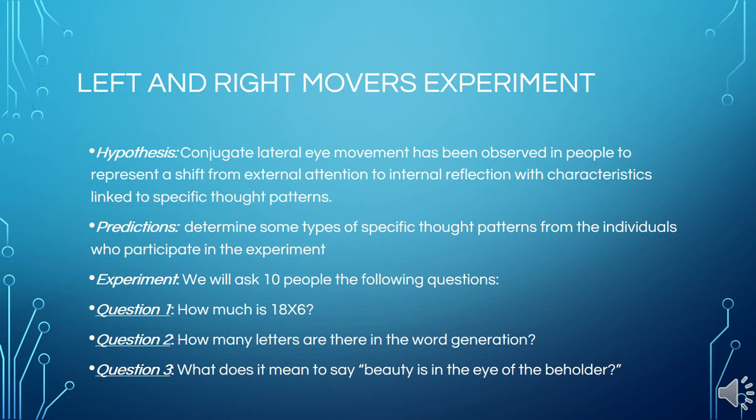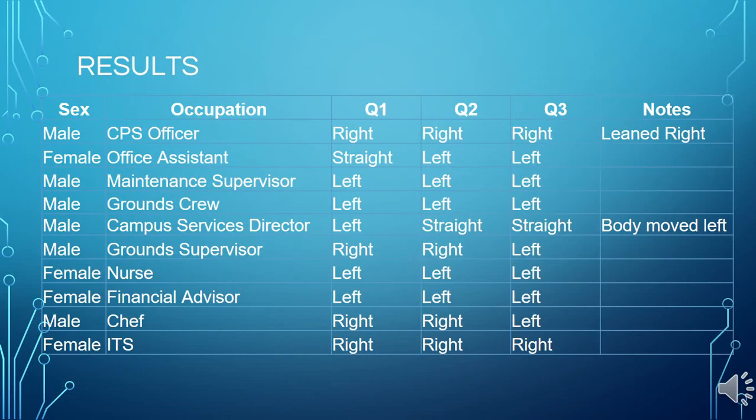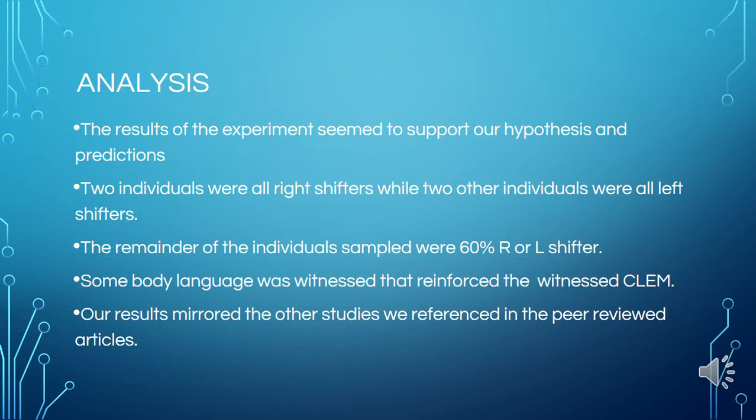In an article by Meskin and Singer called Daydreaming, Reflective Thought, and Laterality of Eye Movements, published in the Journal of Personality and Social Psychology, they suggested that the increased lateral eye movements occurred in the presence of an interviewer.